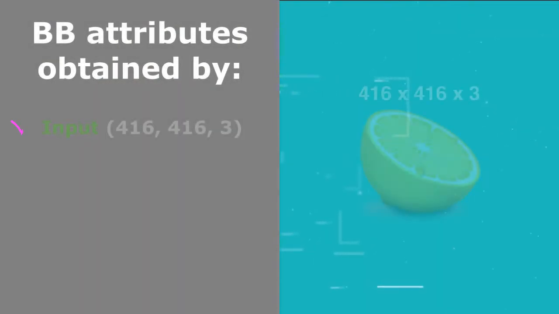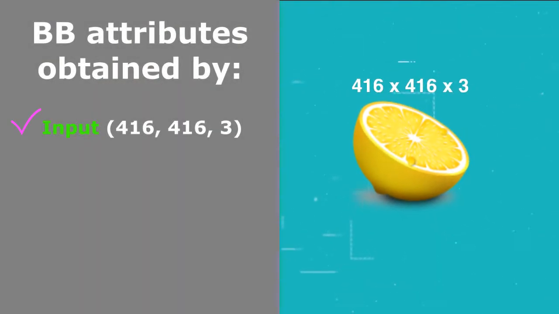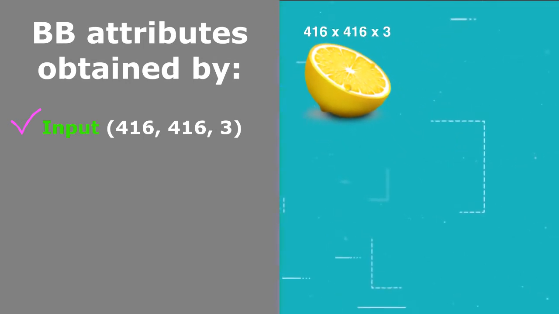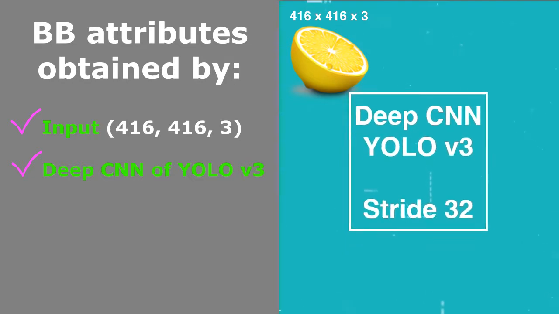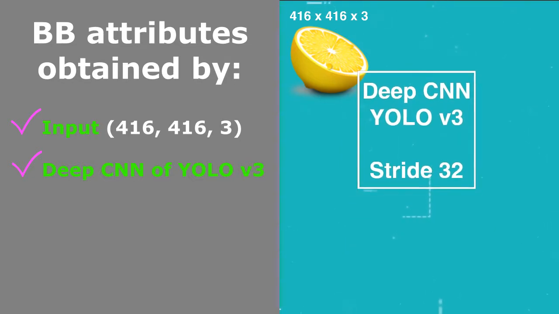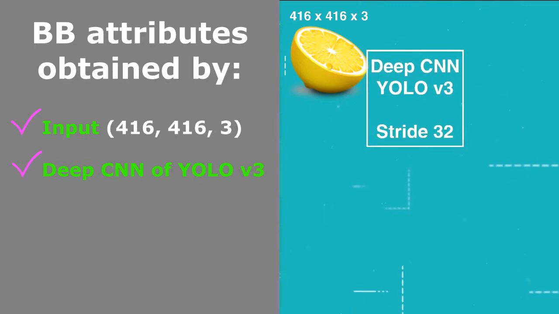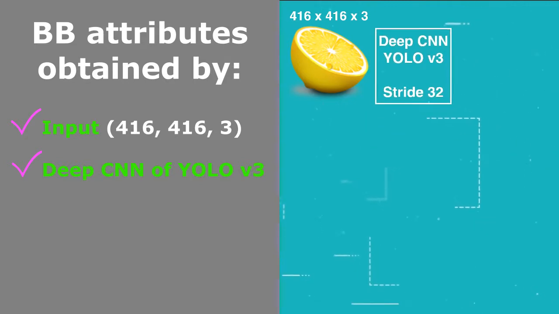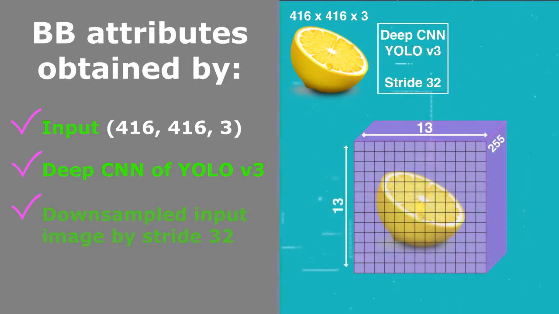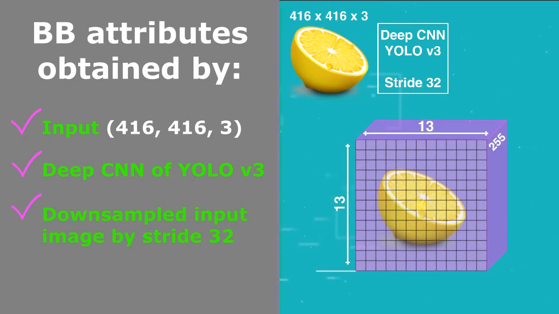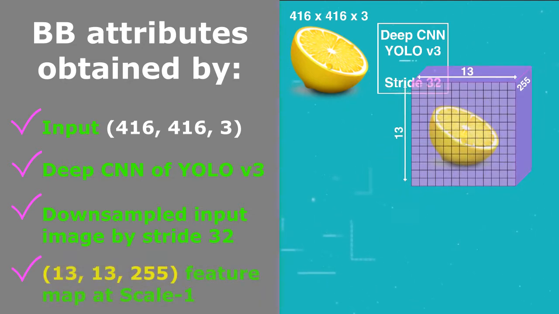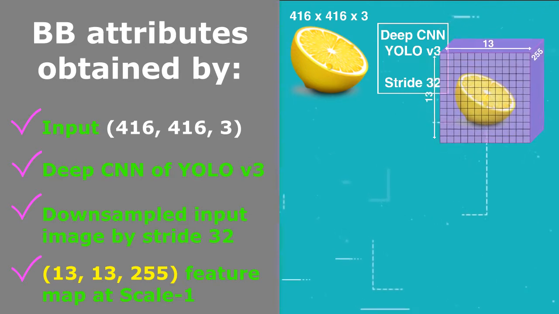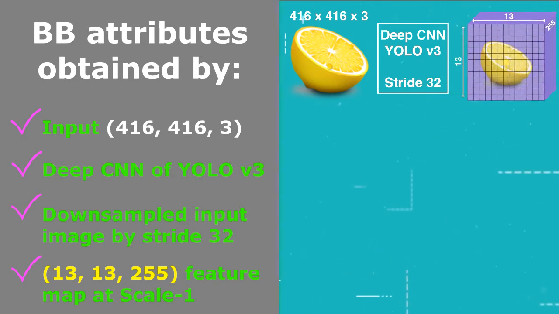We have an input image of shape 416 by 416 by 3. The image goes through the YOLO version 3 deep CNN architecture till the first separate place that we discussed earlier and that has stride 32. The input image is downsampled by this factor to the dimension 13 by 13 and 255 depth of the feature map produced by detection kernels as we calculated earlier.